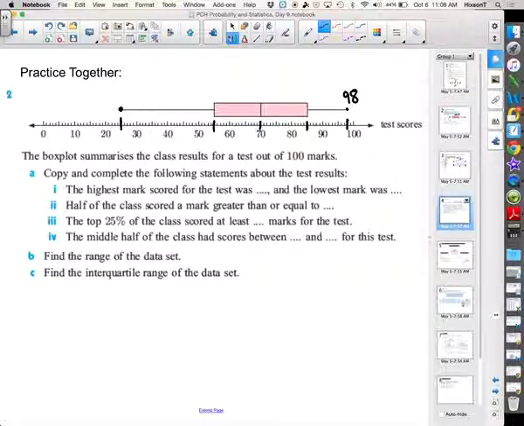These aren't meant to be super difficult, but think it through and write down your answers. Okay? Using this box plot, how would you answer these questions? Just do this on your own. These actually should go pretty quickly.